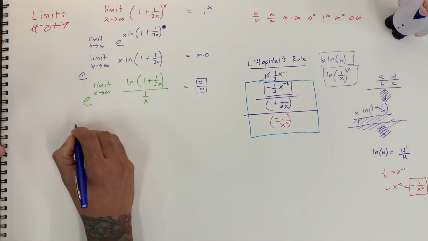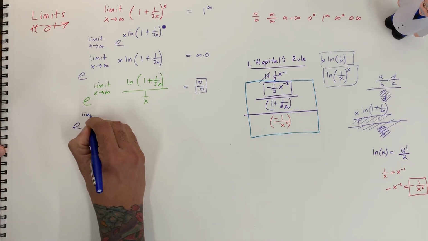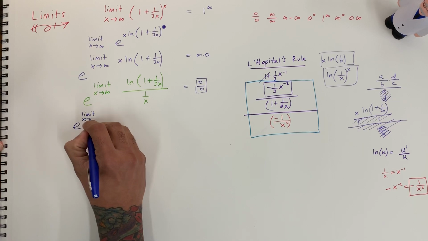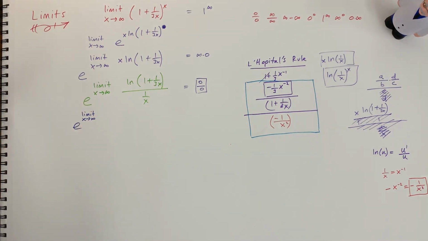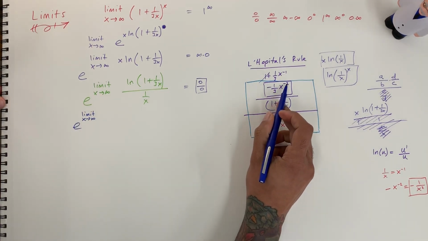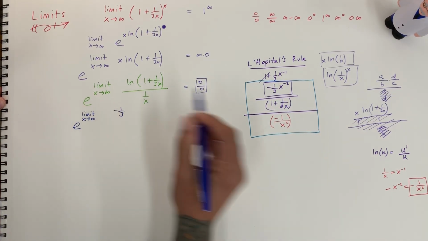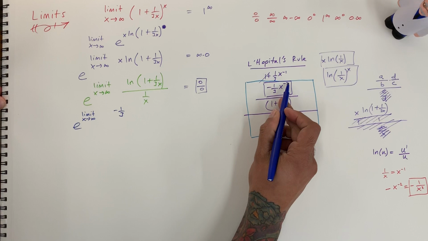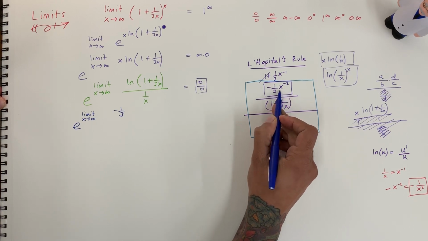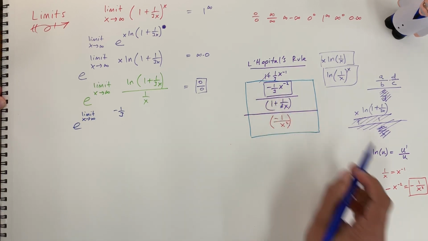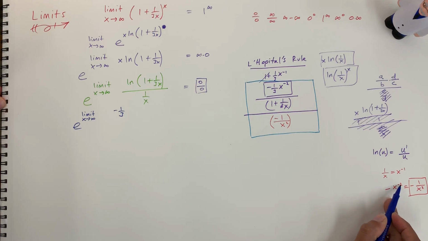So we're gonna write e to the limit as x approaches infinity, and negative 1 over 3, x to the negative 2 can go on the bottom as an x to the negative 2. So just like here, x to the negative 2 becomes 1 over x to the second.